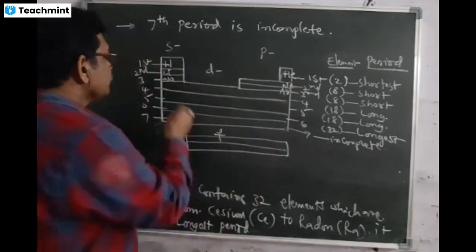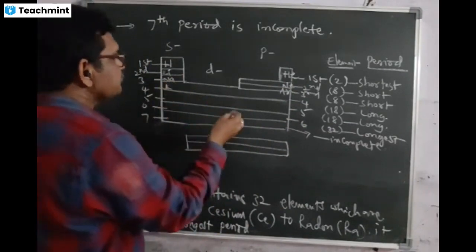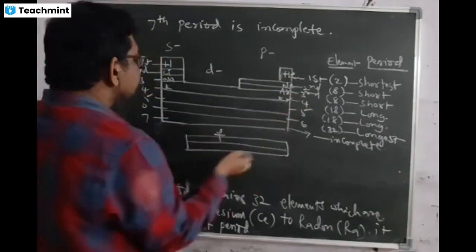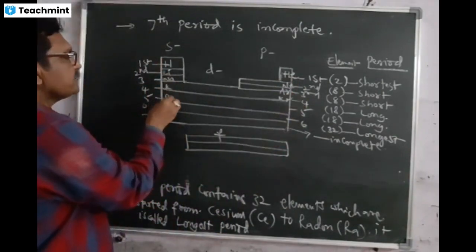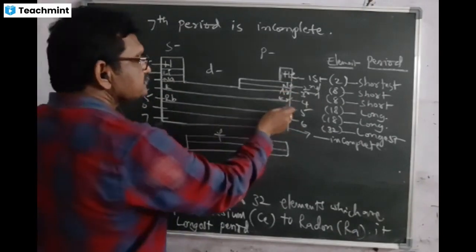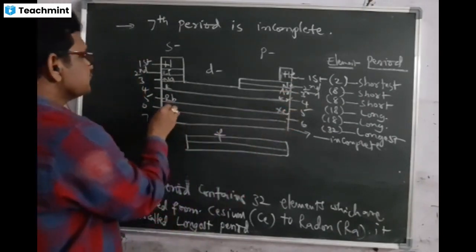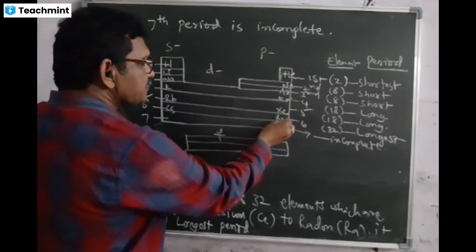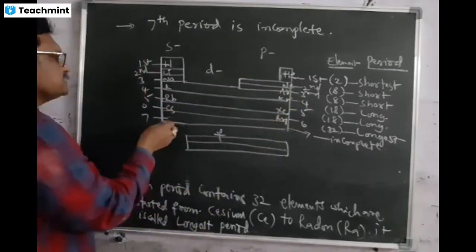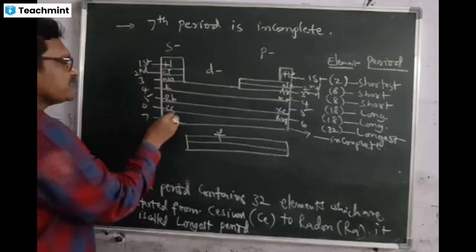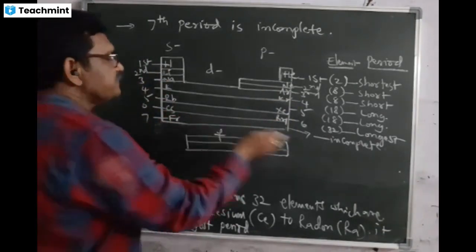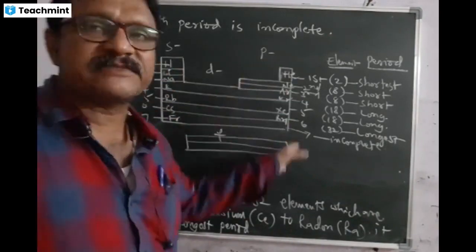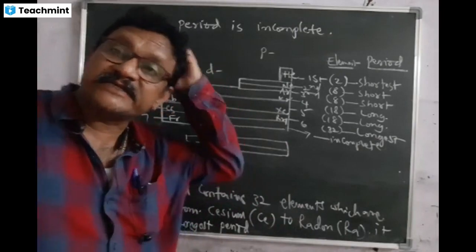Then fourth, potassium to krypton; rubidium to xenon; cesium to radon, Rn. Then under cesium we have francium, but it is an incomplete period. You don't bother about it. This is the first element and last element. Did you understand this?